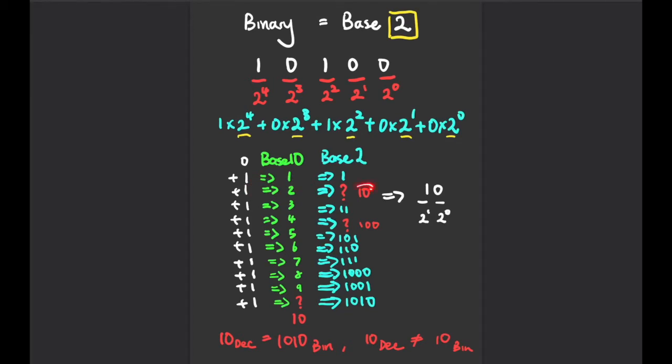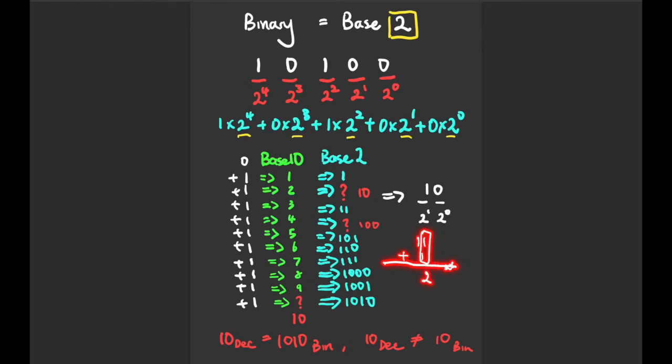Then after 10, we try to add 1 again, which would turn into 1, 1. Sorry, I apologize, not 10, 1, 0. After the 1, 0, we add another 1, which turns into 1, 1. After that, if we want to add another 1, 1, 1 plus 1 would actually turn into, first of all, this column of digits being added, and the value here would be a 2.